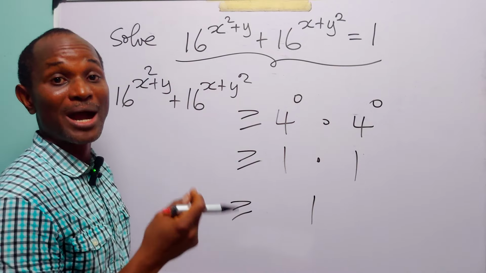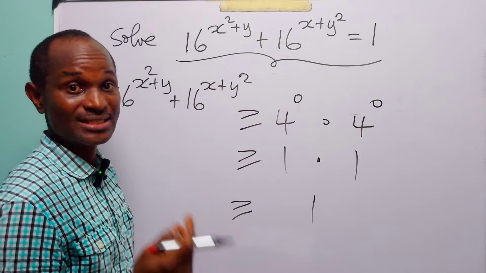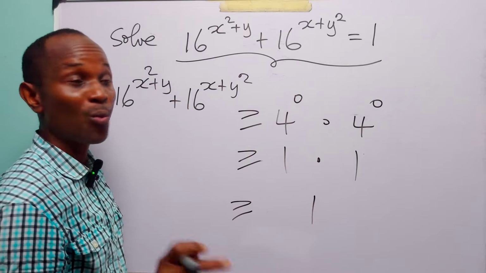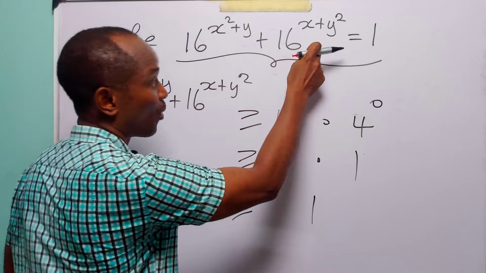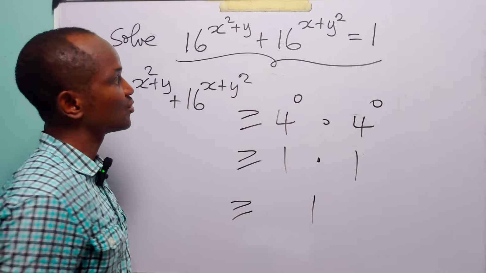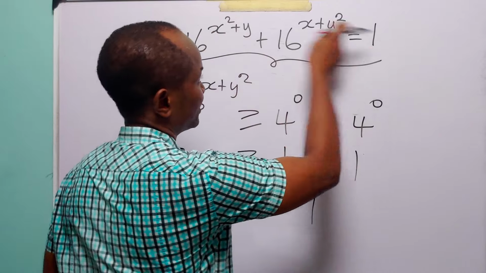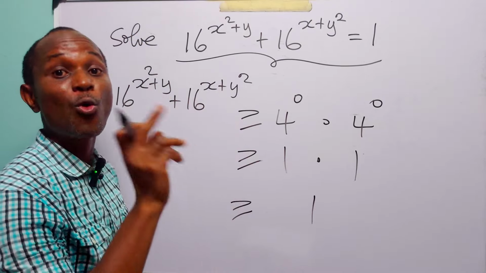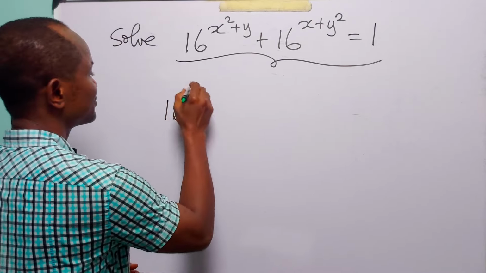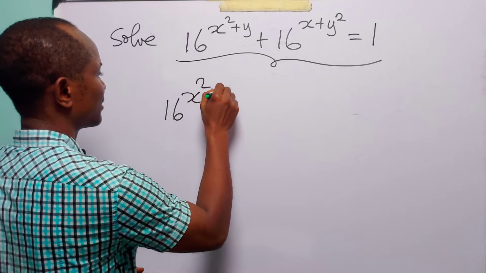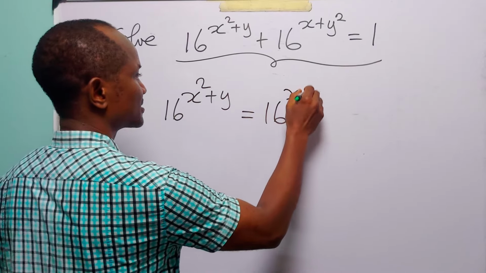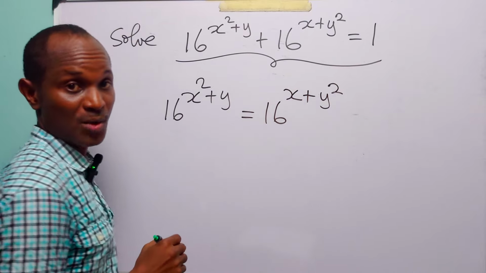Now, remember that from our AM-GM inequality, this equality can only happen when this is equal to that, when the two numbers are the same. So, this equation that we have been given is only possible when 16 to the power x squared plus y is equal to 16 to the power x plus y squared.